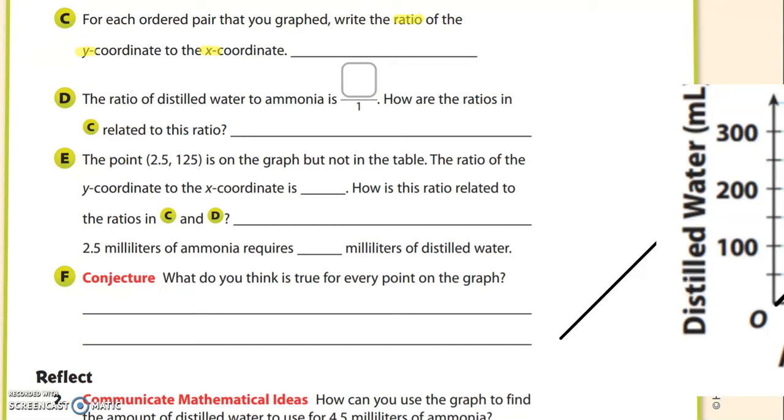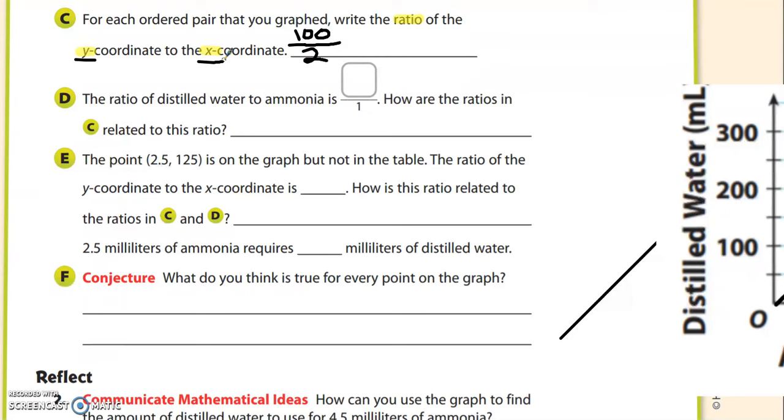So a lot of kids would want to write 2, 100, but it says to put the y first. Like if you went back to your table, it says the second column, the bottom row, is the y values. So the first answer here was 100 over 2. And I know that might seem backwards, but we're simply following the directions where it says put the y to the x. And I'm going to use this as a fraction.